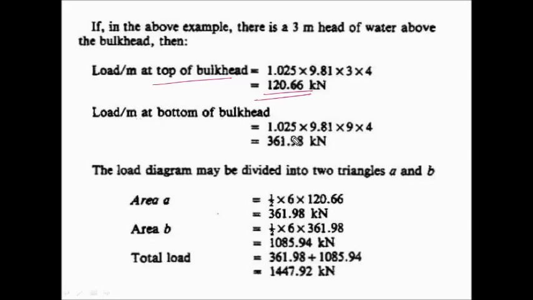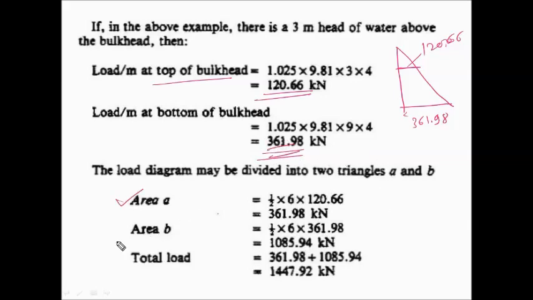Load per meter at the bottom will be 361.98. They are talking about this. At this location it is 120.66. At this location it is 361.98. Like that they have the calculation here.